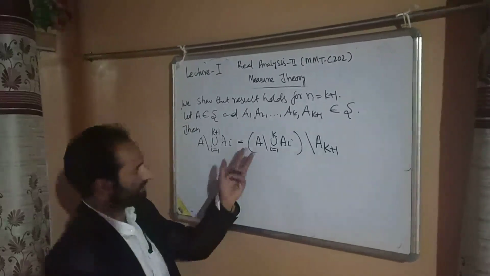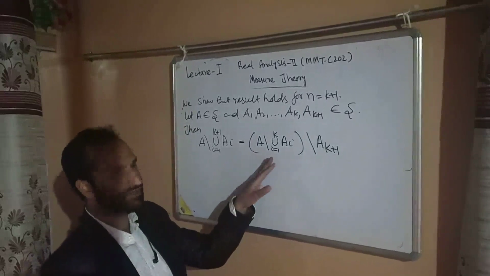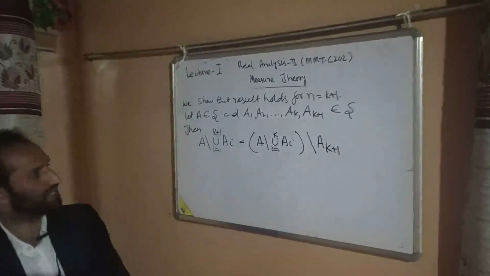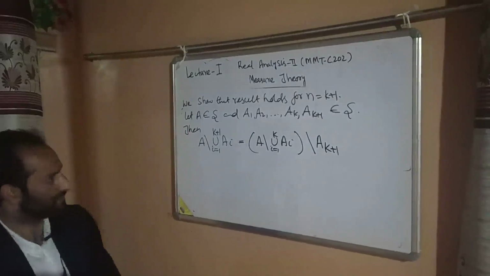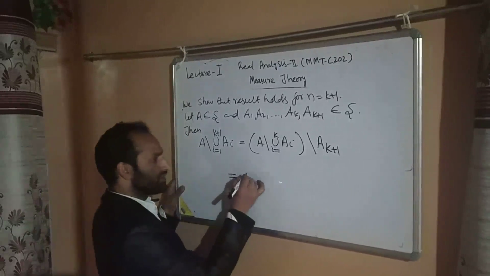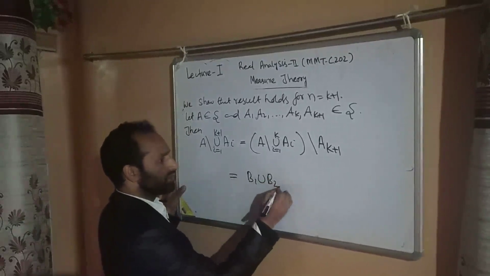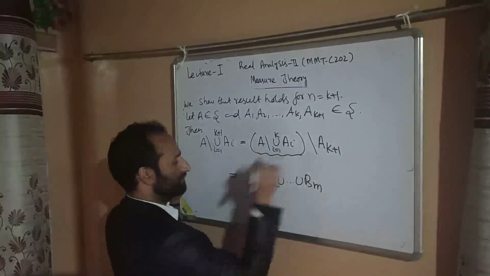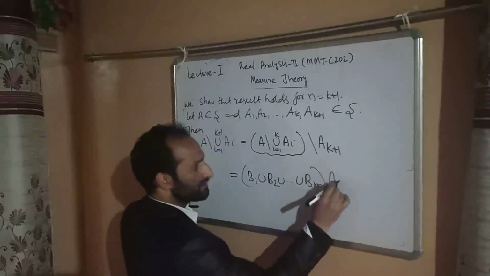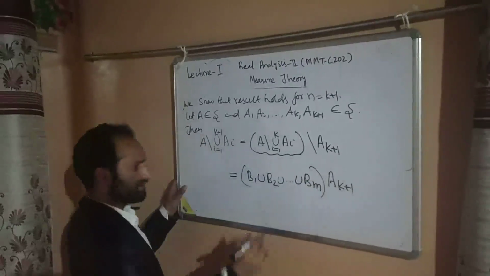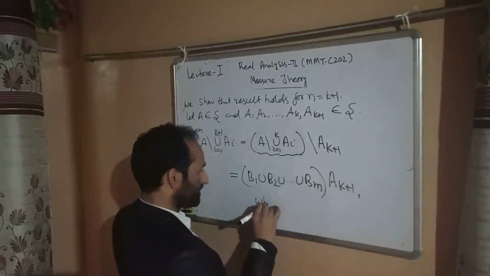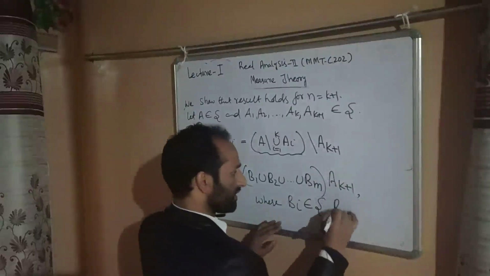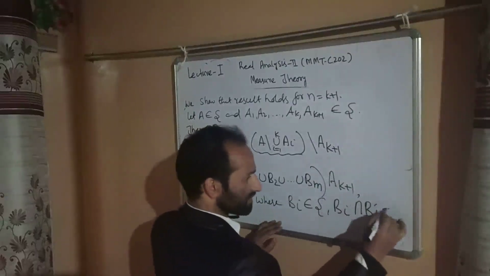And since the result is true for n equal to k, A minus the union of Ai, i running from 1 to k, can be written as a finite disjoint union of members of S. So it is equal to B1 union B2 union and so on union Bm, minus Ak plus 1, where these Bi are members of S and they are also pairwise disjoint.